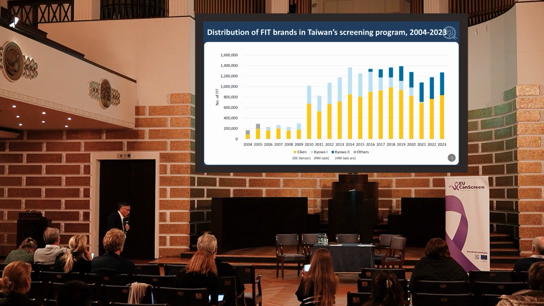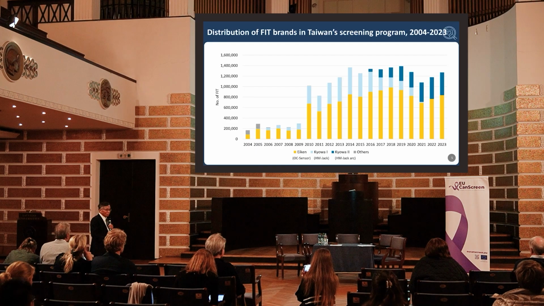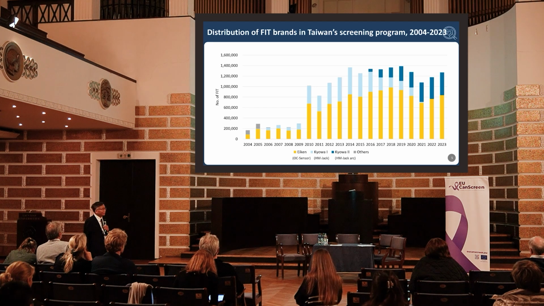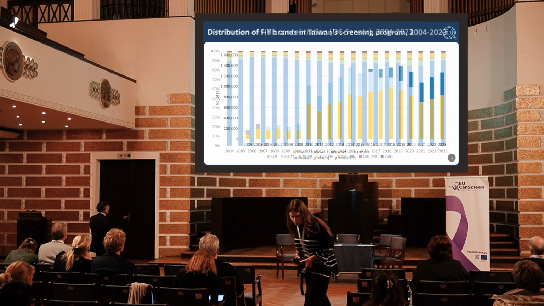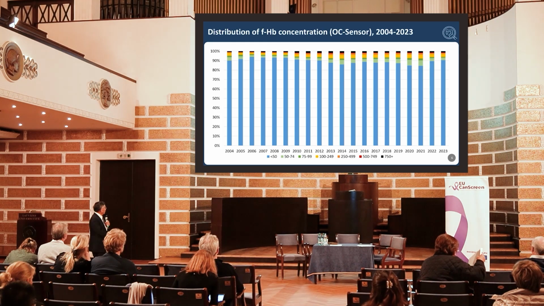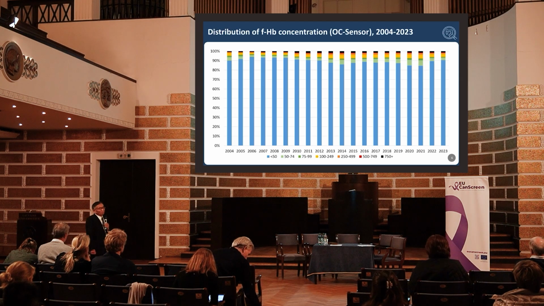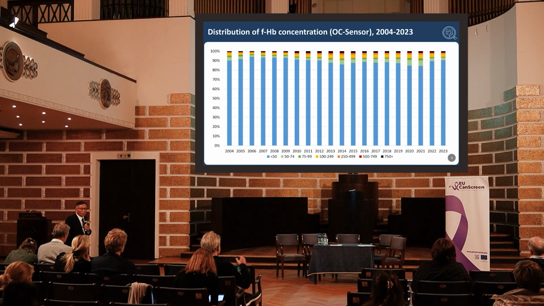So I leveraged the data for 20 years, since 2004. Taiwan used the two-sample type FIT, and I used the OC Sensor today. You can see this is the distribution of the concentrations, and 90% of people are at very low risk, with very low concentrations.